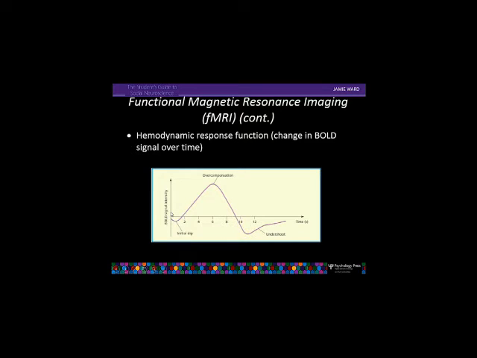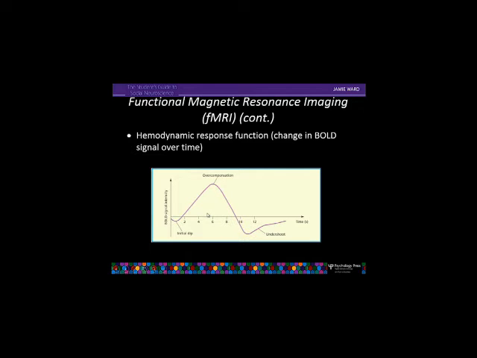The neurons are saying, give me oxygen. So you've got this conversion from oxy to deoxyhemoglobin, and this is what you see here in this little dip. Then the blood vessels respond and they open up and pump a lot more oxygenated hemoglobin in there, and this is effectively the signal that you're measuring.